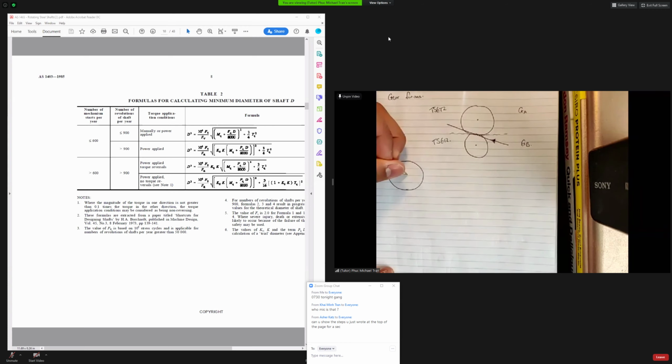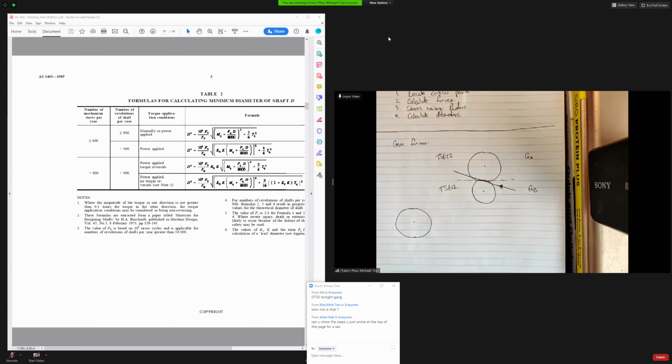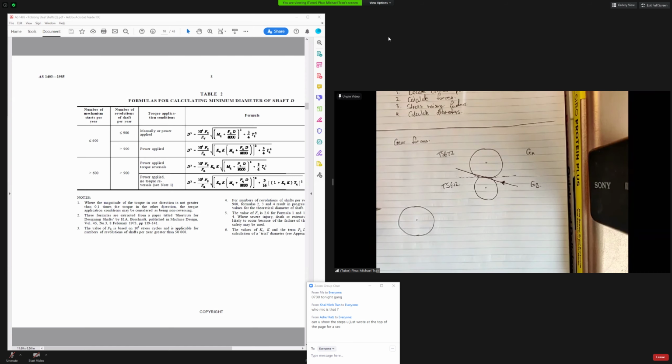We've got to isolate these forces so we can find out the exact forces from the motor driven through the gear, as well as the weight of the gear itself. So there's an FT, and there is an FR.